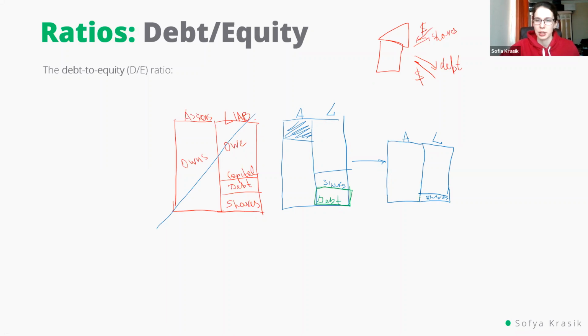And you see here we essentially have no place to put this debt in. So what does it mean? It means that our liabilities would be higher than the company's assets. This would mean default, because the company would not be able to fulfill its obligations to pay its debt.